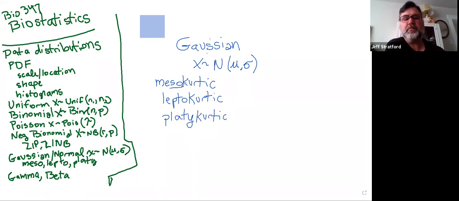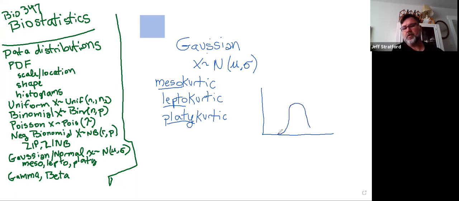Meso means middle, lepto means sharp or narrow, and platy means flat, like a plateau. Meso is your typical Gaussian curve.